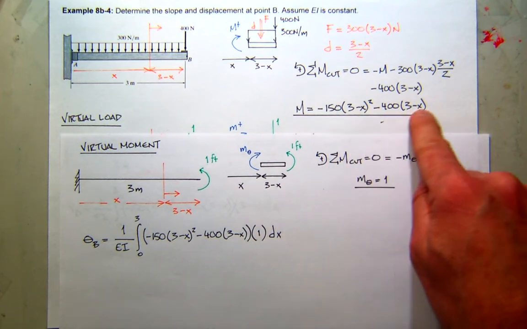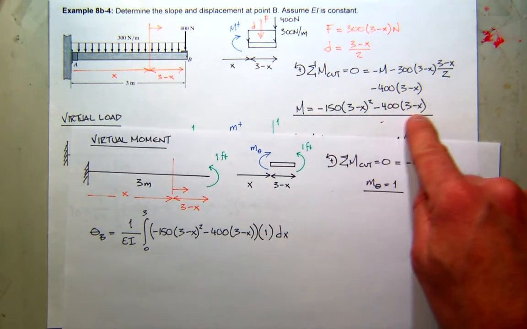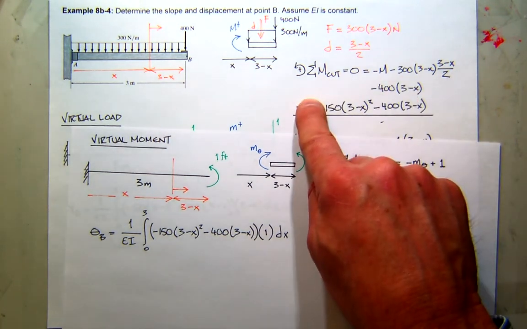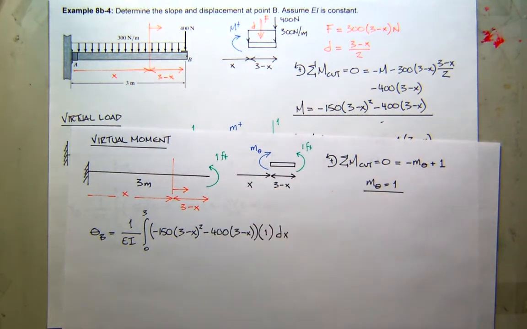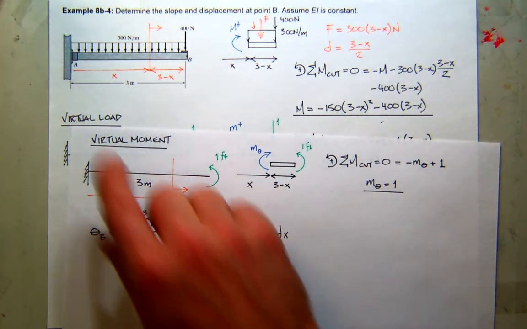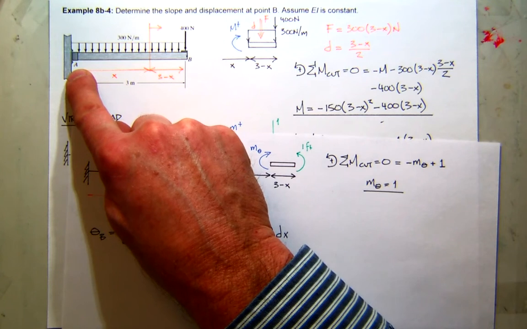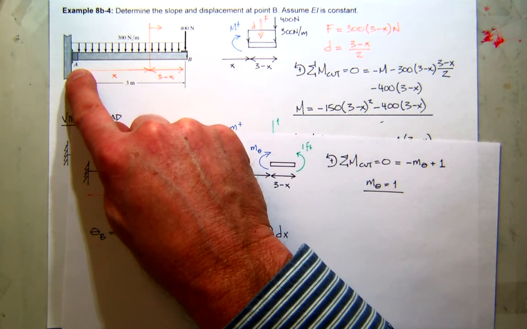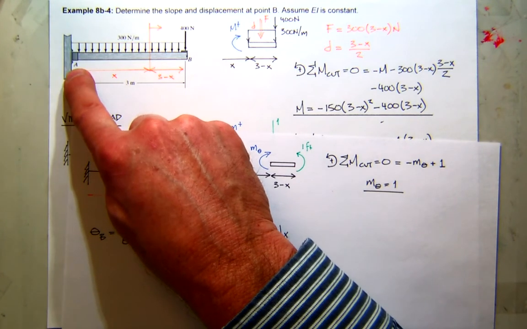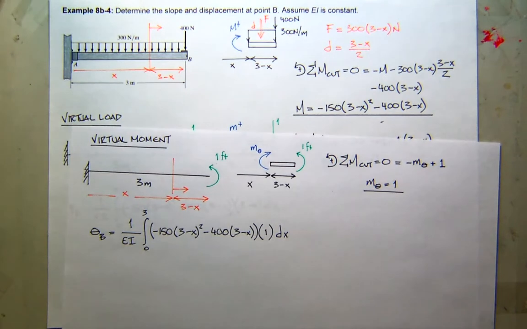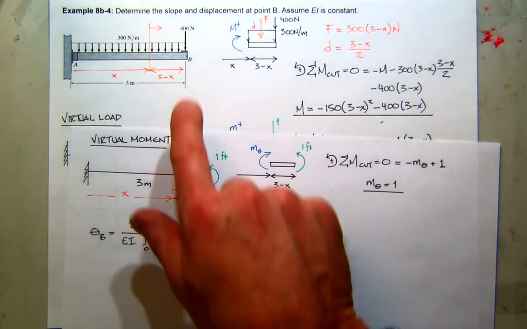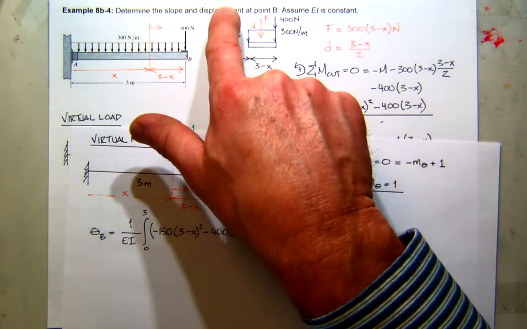Now, you'd have to do a little work to expand that, to do the integration. But remember, when you integrate it twice, you generate two integration constants. And this is the simplest problem in the world for that, because we know the displacement at x equals 0 is 0, and we know the slope at x equals 0 is 0. So both the integration constants are going to be 0.